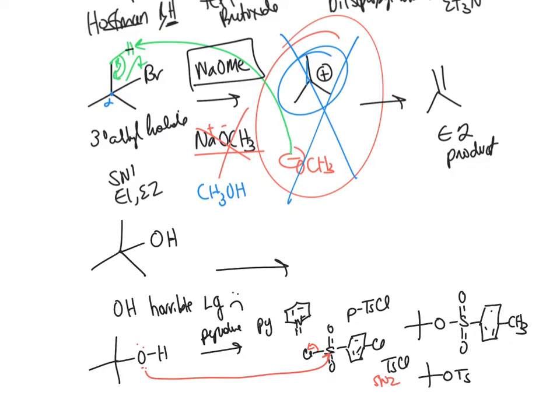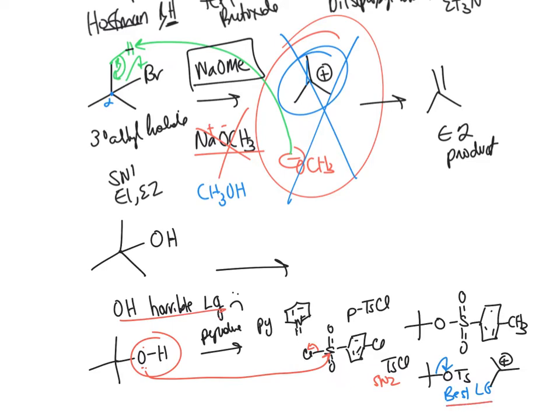This is one of the world's best leaving groups. Okay. World's best leaving group. So something like that's going to just leave, and then you can get your carbocation here. Okay, so that's one way to turn a horrible leaving group into a best leaving group.